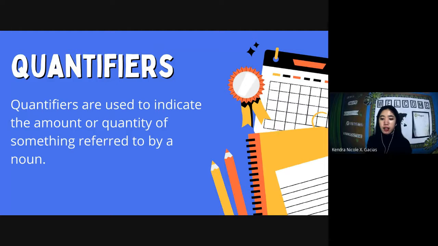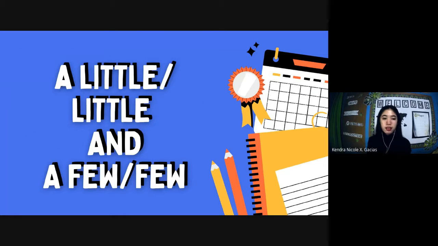Okay, so keep in mind that they are different from numbers because they indicate an approximate amount rather than an exact amount. So in this discussion, we will discuss quantifiers specifically a little, little, and a few, few. Okay? Are you ready, class? Yes, ma'am.